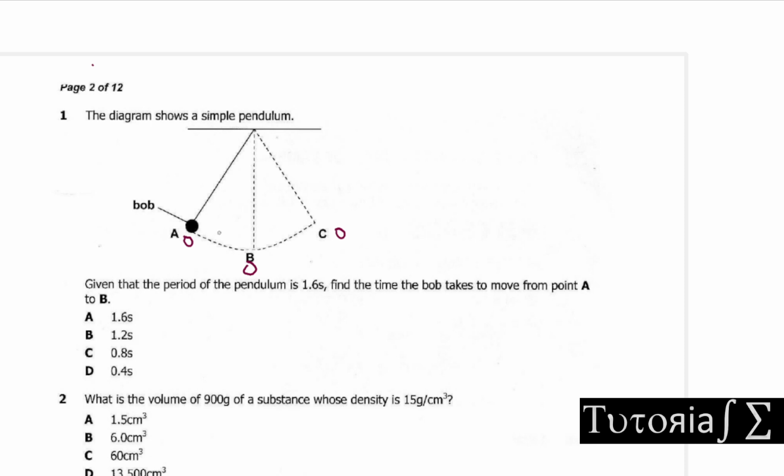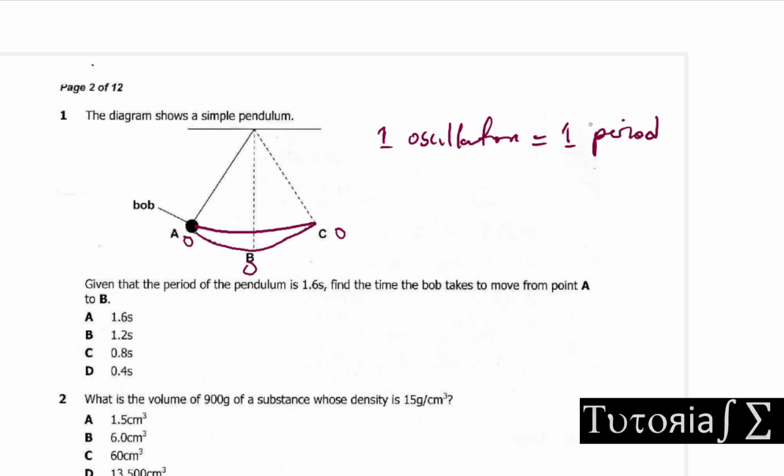All right, so if we think of the pendulum in these points, when the pendulum moves from point A to point B to point C and back to point A, we say that it has one oscillation, which is just one period.